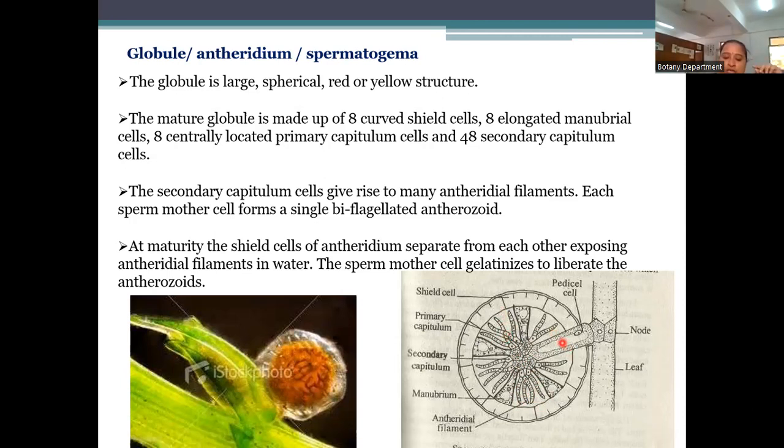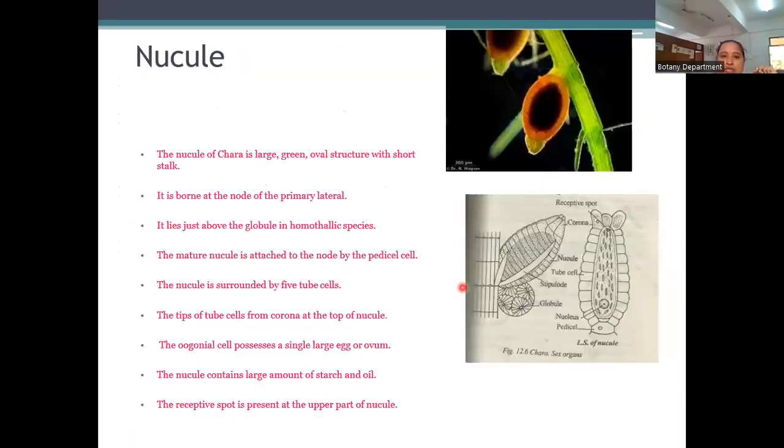And the main important globule structure, the stalk pedicel is present, with 8 shield cells arising from the 8 manubrial cells. In between the manubrium, the primary capitulum, inside the secondary capitulum, and the clip-like antheridial filaments are present.